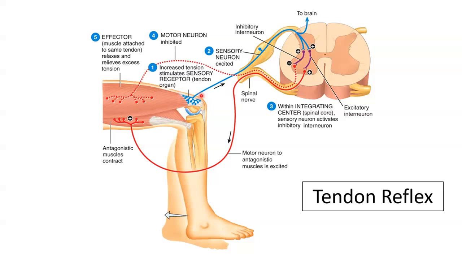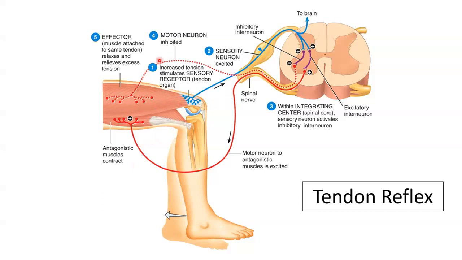This sensory information is then transmitted into our integrating center in the spinal cord. Here we're connecting to an interneuron and then a motor neuron. And this motor neuron is going back to innervate that same quadricep muscle and telling it to relax. So when that muscle relaxes, the tension and the force going through the muscle, and therefore our Golgi tendon organ, is reduced.